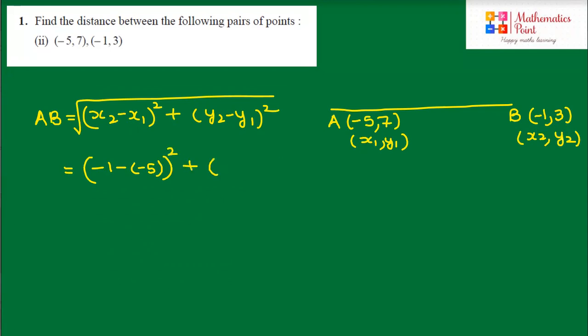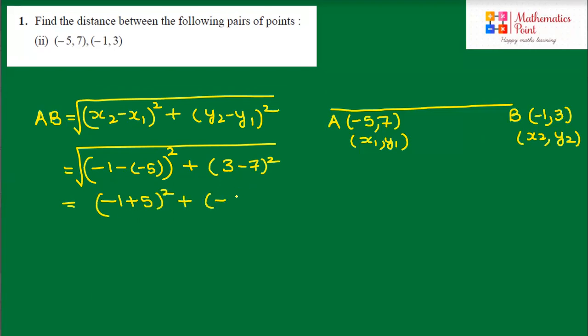What is y2? y2 is 3. What is y1? y1 is 7, whole square under the square root. So it will become minus 1, minus minus will become plus, plus 5 whole square. And what is 3 minus 7? It is minus 4. Minus 4 whole square under the square root.